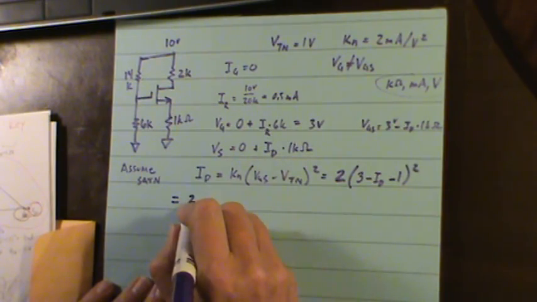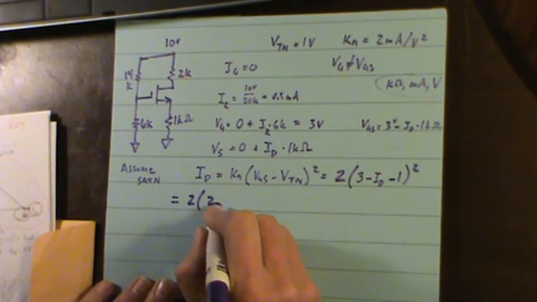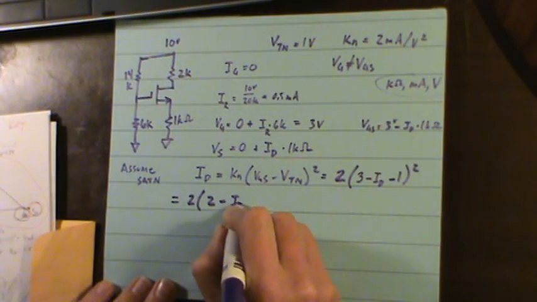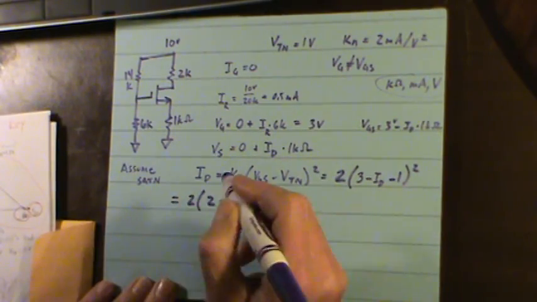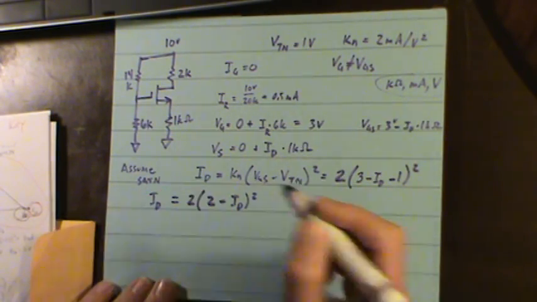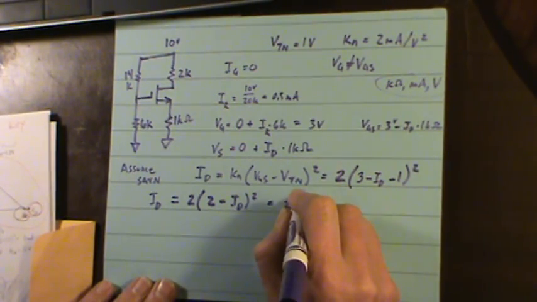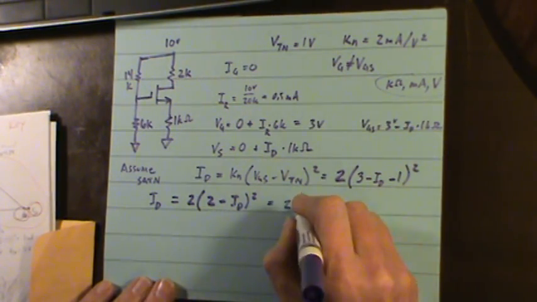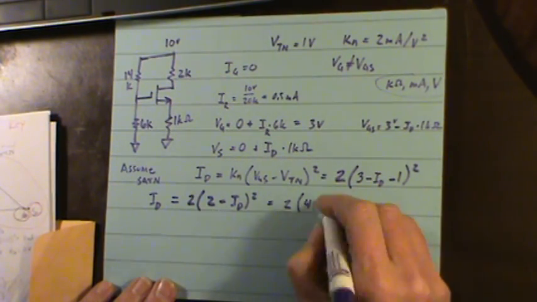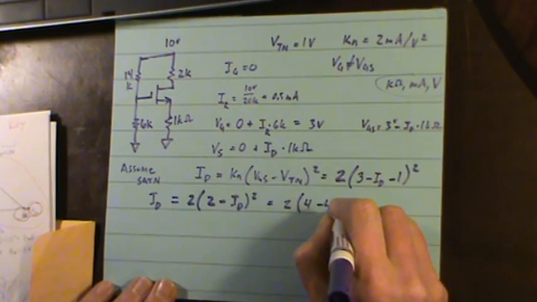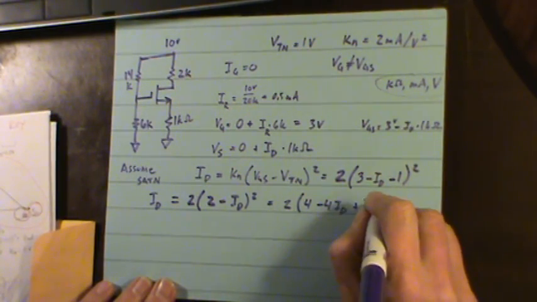I've got 2 times 3 minus ID minus 1, which is 2 minus ID, squared. And that's ID. That's equal to 2 times 4, 2 times 2 is 4, minus 2ID minus 2ID is minus 4ID, plus ID squared.